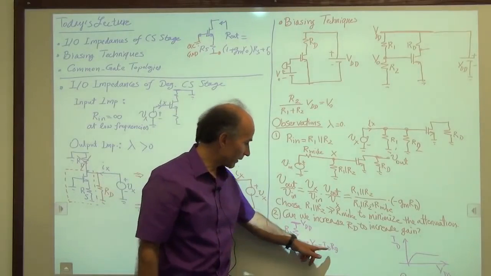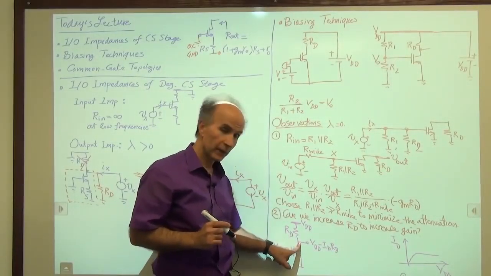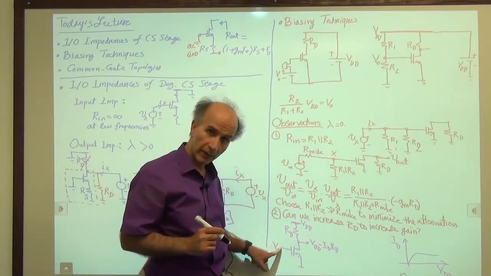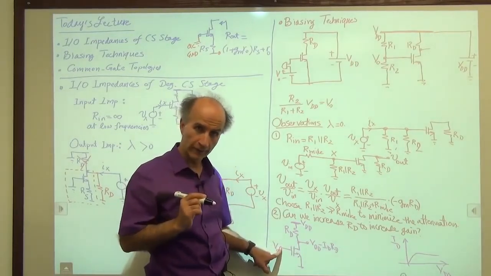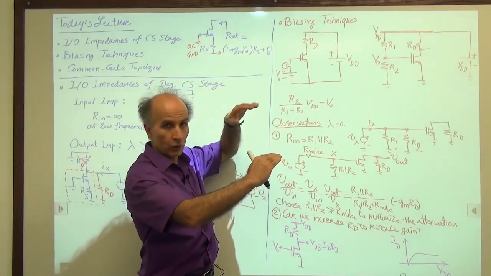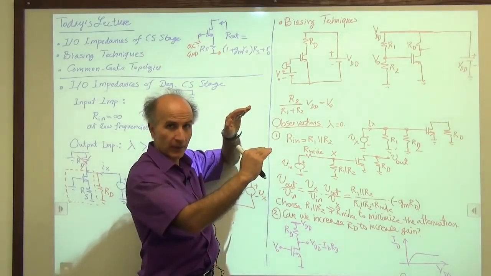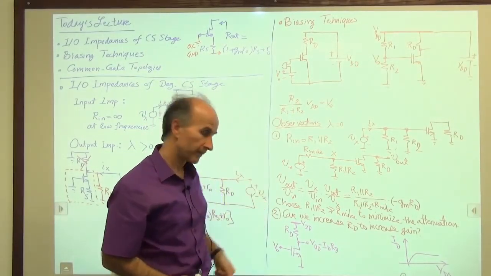So we can increase RD only to the point where the drain voltage is below the gate by only one threshold voltage, no more. So if the gate voltage is here, the drain can come down to one threshold difference and then has to stop. If it goes any farther, the device will go into the triode region, the gain drops.